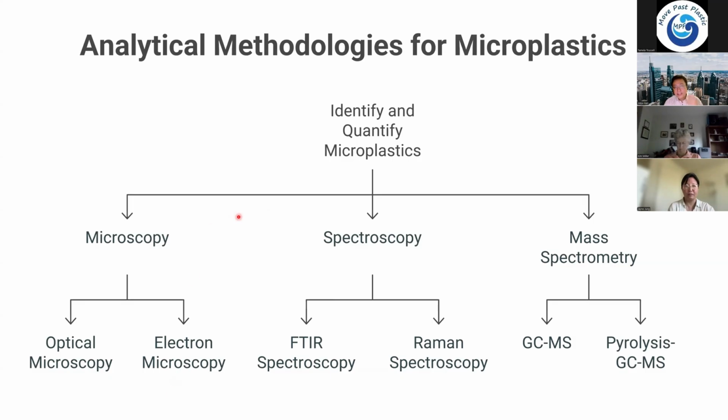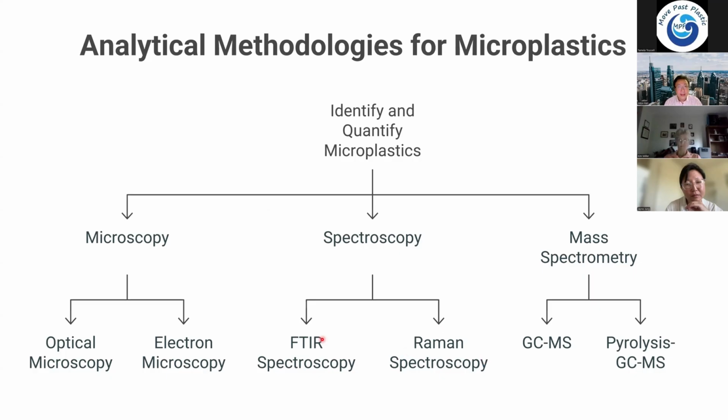Nowadays, many scientific research groups and papers publish microplastic identification and quantification using the spectroscopy method. This spectroscopy method is a little more advanced than optical microscopy, and it is usually classified into two groups. The first one is Fourier transform infrared, or we call it FTIR spectroscopy, and the other is Raman spectroscopy.